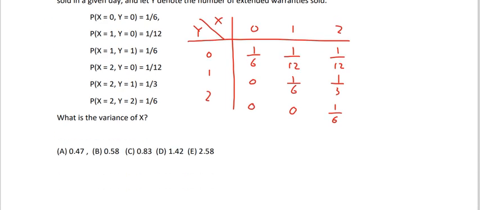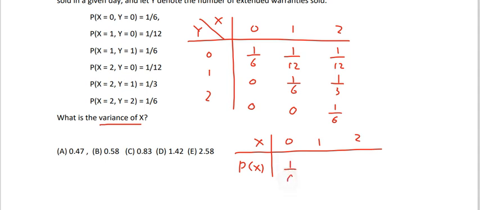So we want to find the variance of x. So we can just check the x distribution. So x can be 0, 1, 2. Okay. And so here is 1 over 6.